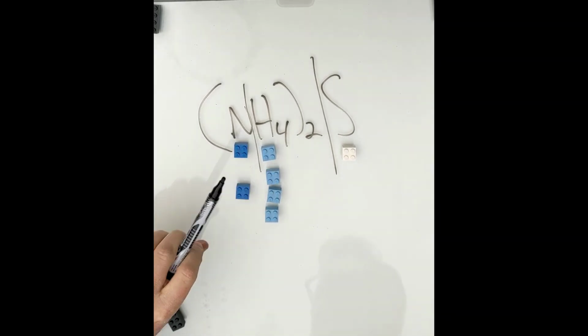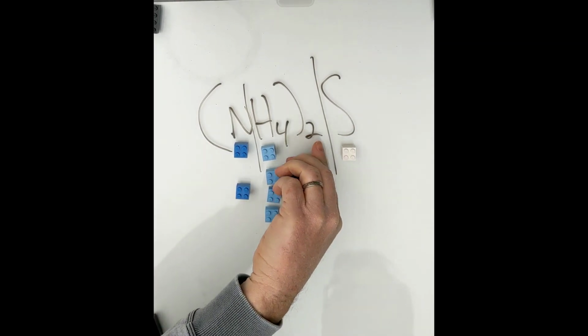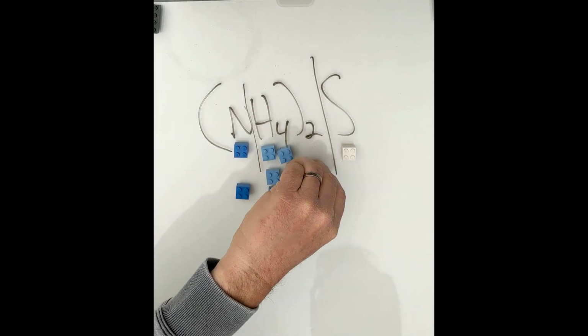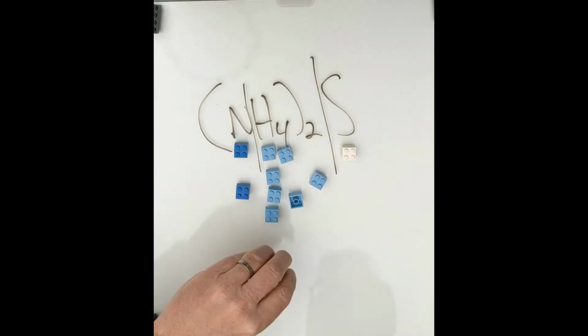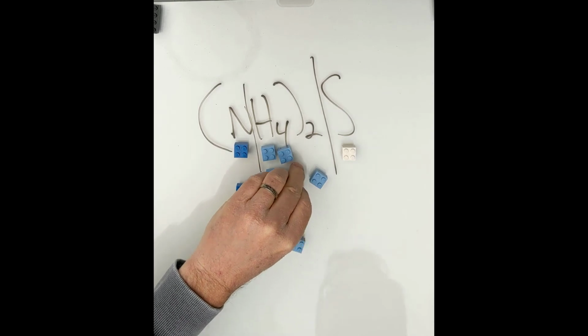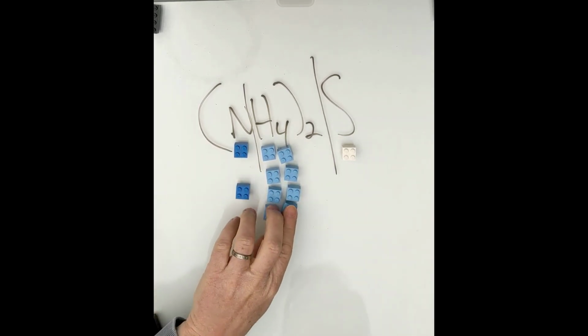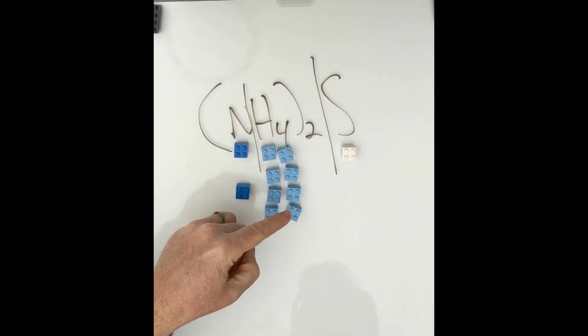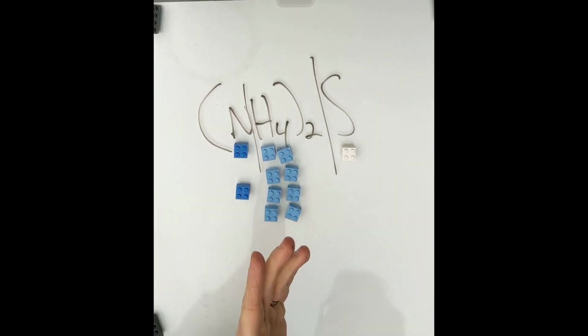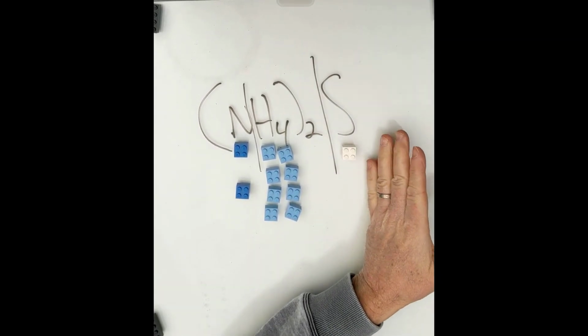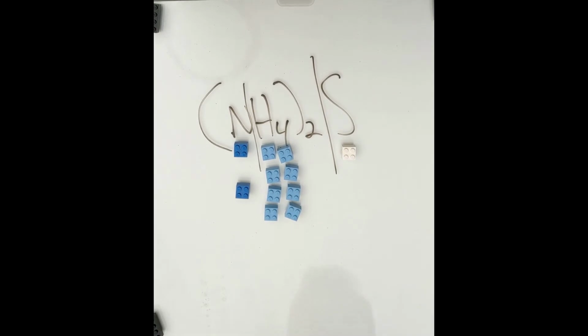So that means there's really 2 nitrogens and 4 more hydrogens. So you double everything in the parentheses. Okay, so total is 2 nitrogens, 8 hydrogens, and 1 sulfur out here again, because it's an element by itself, no subscript, no parentheses, you're done with the sulfur.